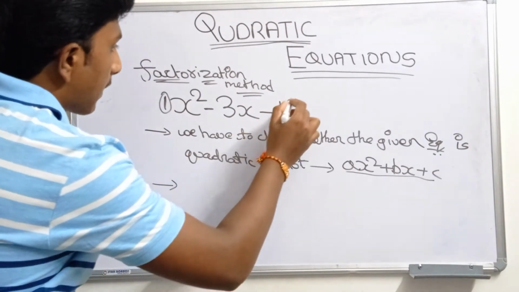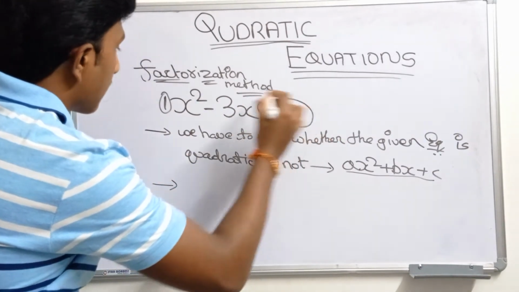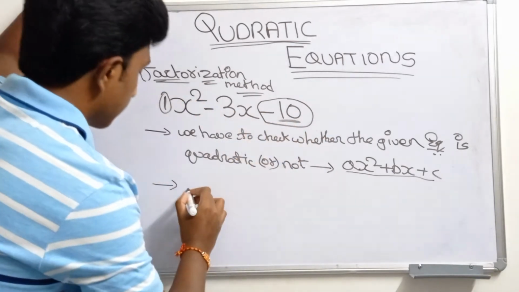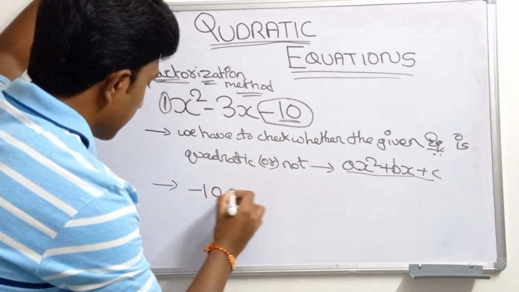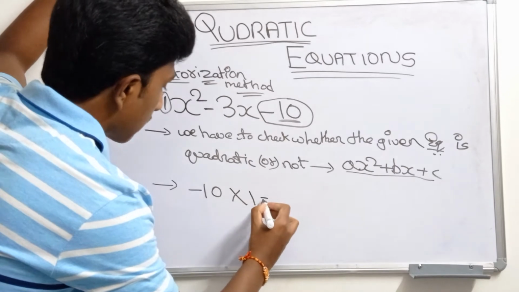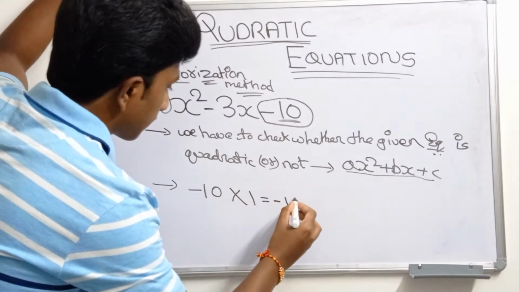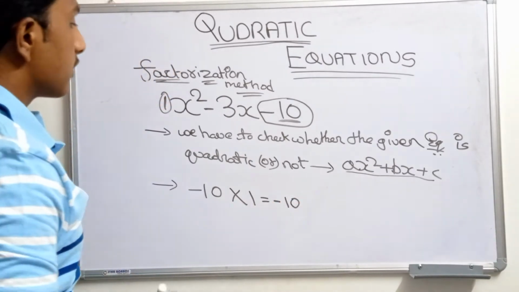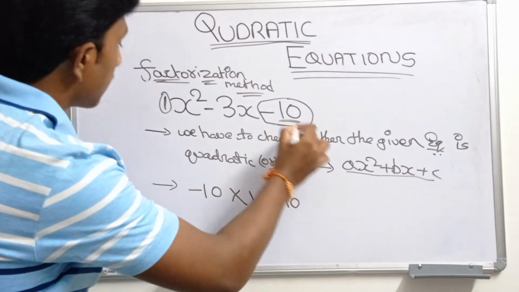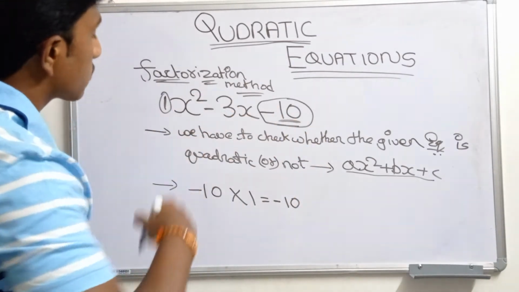First you have to multiply the constant term: minus 10 into 1 is equal to minus 10. Guys, is it clear? First you have to multiply the constant term and the coefficient of the x square term, guys.